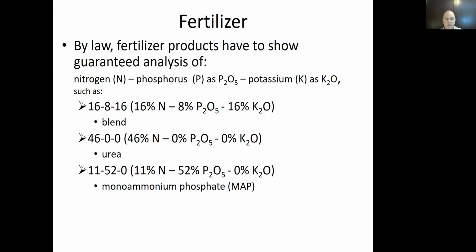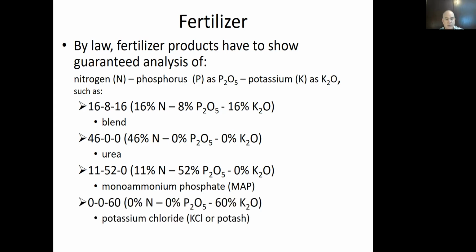Monoammonium phosphate here is 11-52, 11% nitrogen and 52% P2O5. Now that's actually all in the same granule. It's not a blend. Every granule of MAP has the same amount of nitrogen and phosphorus. And I'm going to explain that in a minute and why that's important.